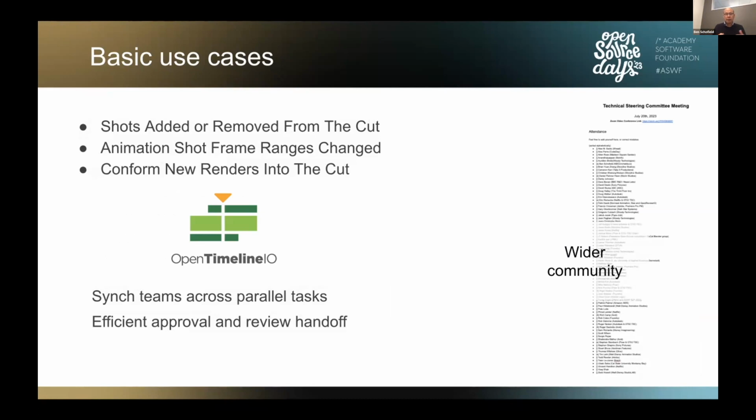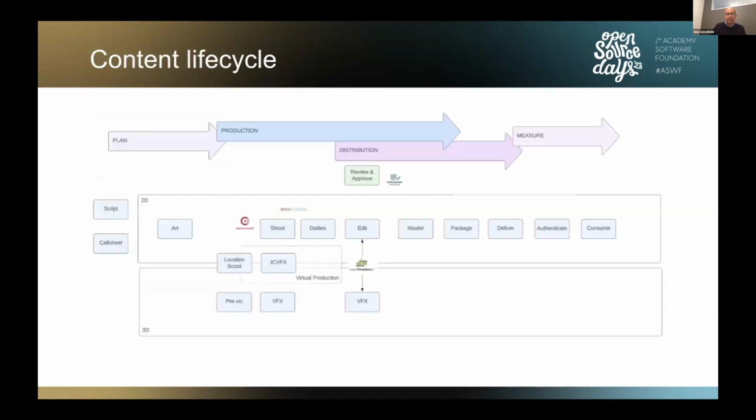If you're trying to coordinate across these tasks, how do you make sure that people's versioning isn't out of step? And how do you make sure that when people approve and lock a version and go through the review process, they're looking at the right thing, and when it comes back in, it has the right context? It's about reaching out to this community and getting them to contribute their innovations using the tools, so that everyone can start to share that.